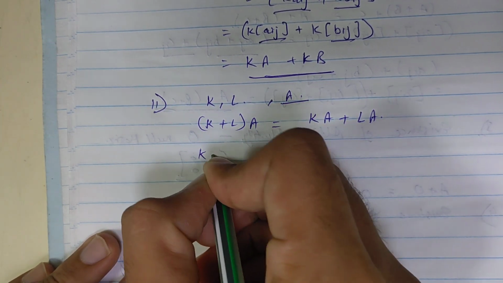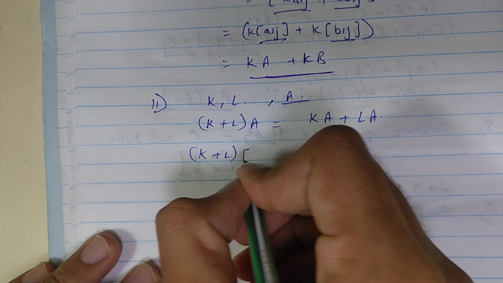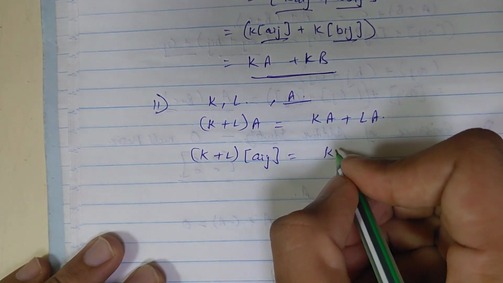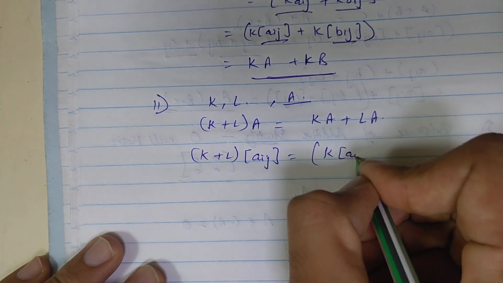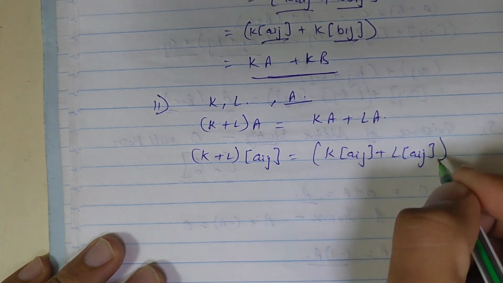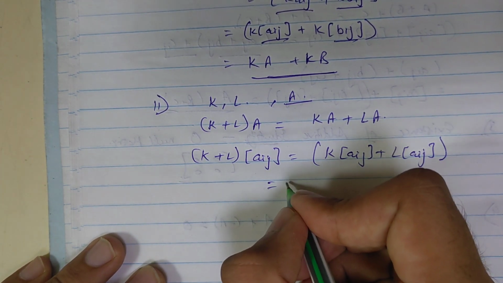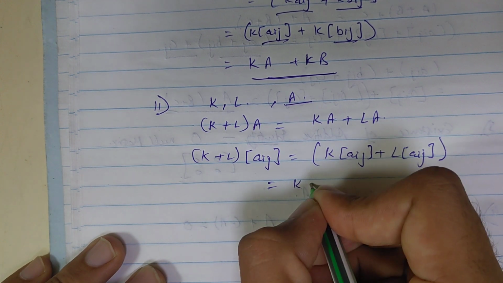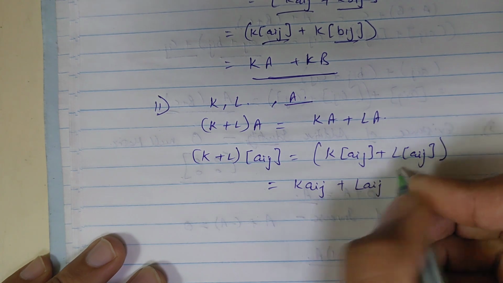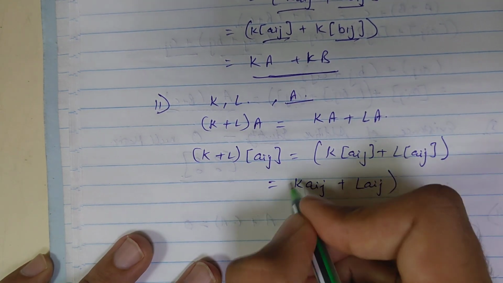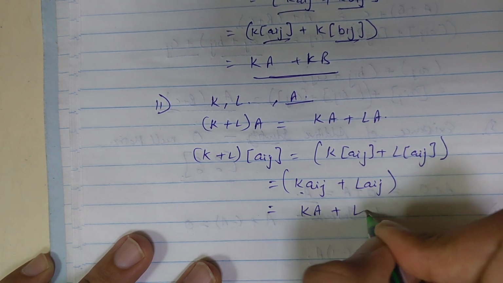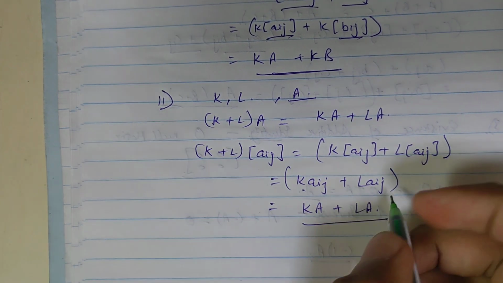We take K plus L into, we can write it like Aij, and we can write it like K Aij plus L Aij, because these are all real numbers, so we can also write it like Kaij plus Laij. Okay, and what is this? This is simply Ka plus La.